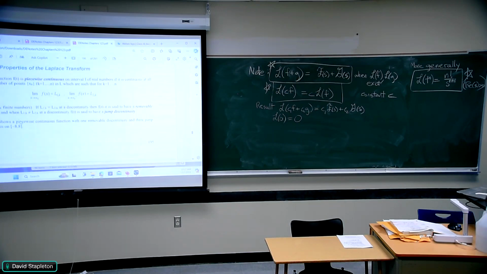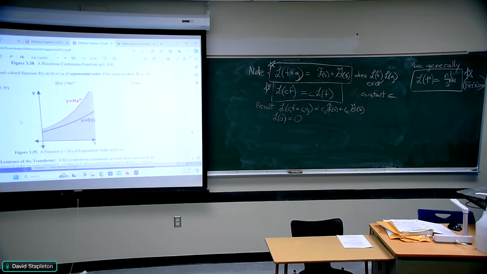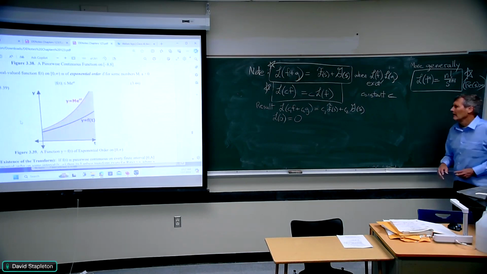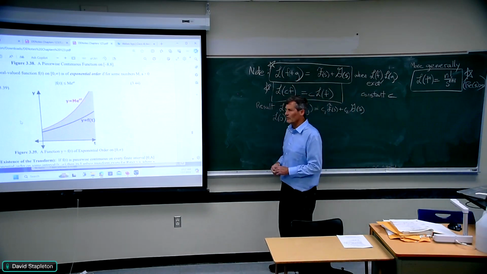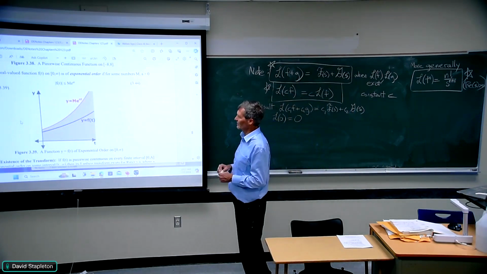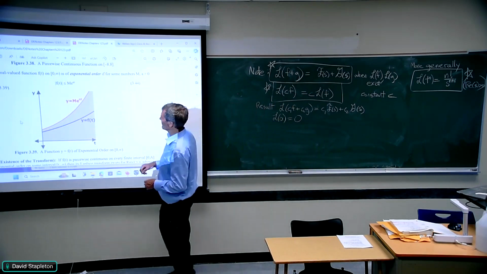Now, when does the Laplace transform apply? The Laplace transform doesn't exist for some functions, right? Because the integrals of some functions don't exist, so it makes sense that the Laplace transform of some functions doesn't exist. This is what I call the famous mean function, right?